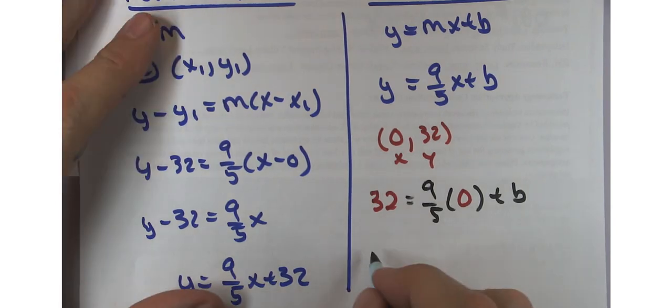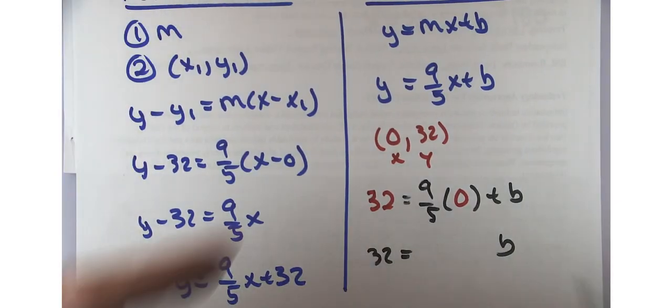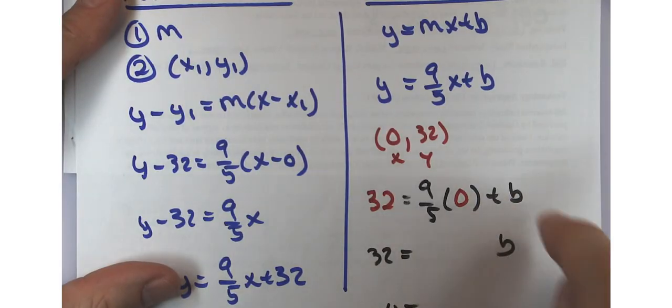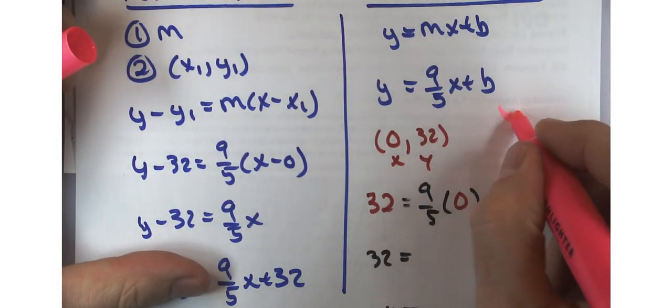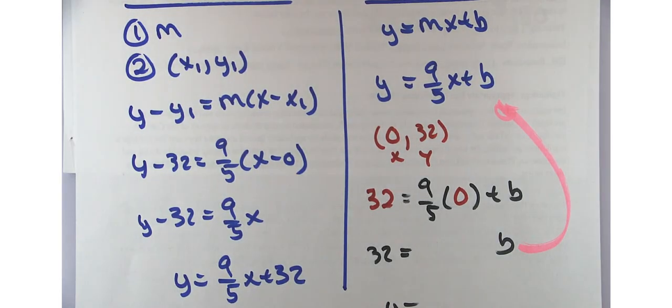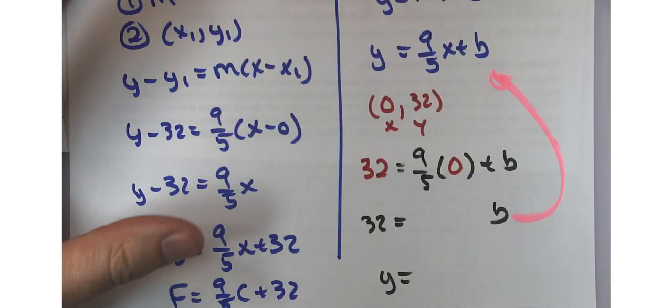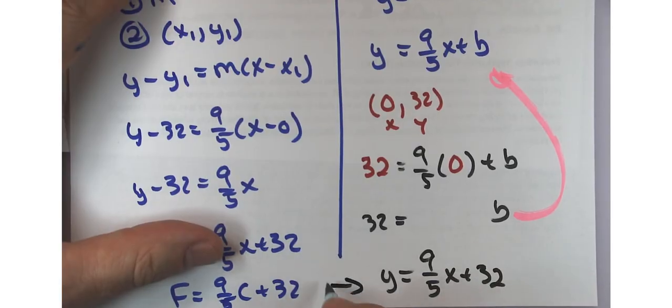So you get 32 equals b. And then just be a good sport about this, if you would please go back and plug in that value of b into your original equation. And then you get the whole equation. y equals 9/5 x plus 32. So you get the same thing. They match.